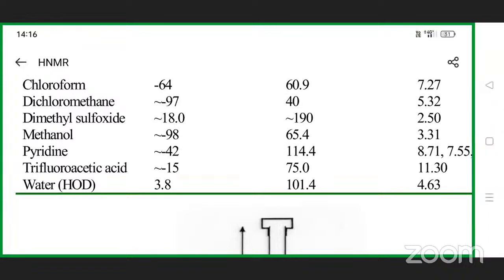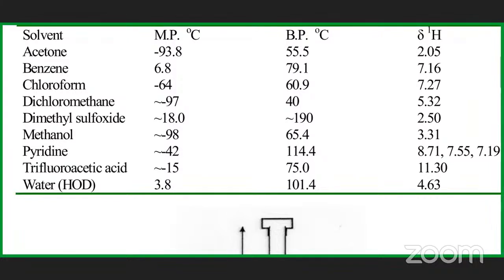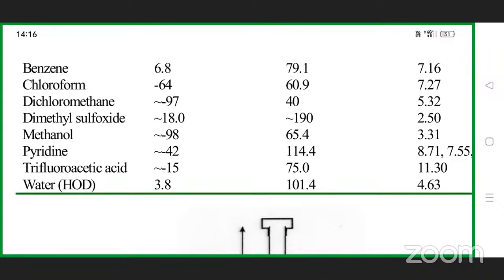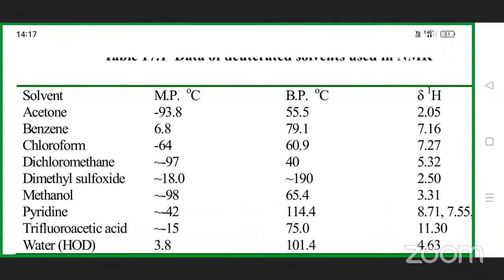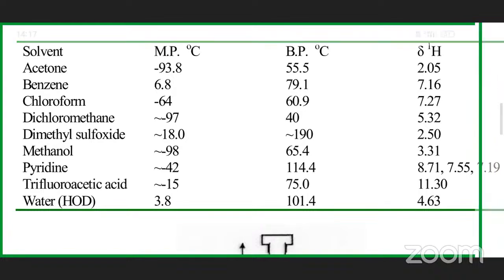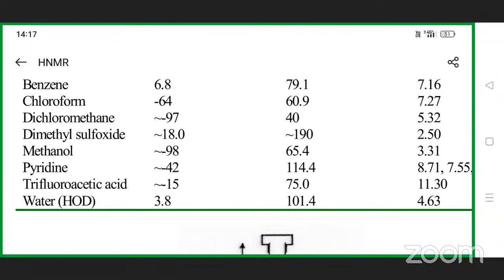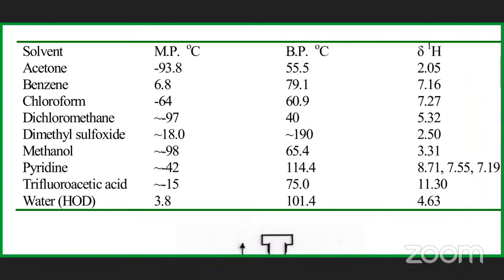Sometimes along with your compound signals, additional signals appear in the graph, and those are from your solvents. The positions where solvent signals appear are in this table. See DMSO appears at 2.50, methyl alcohol at 3.31, and pyridine at 8.71, 7.5.